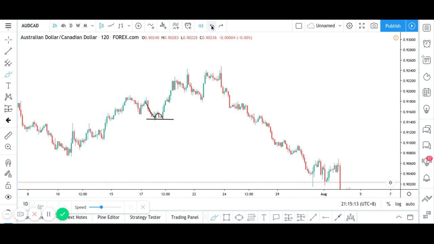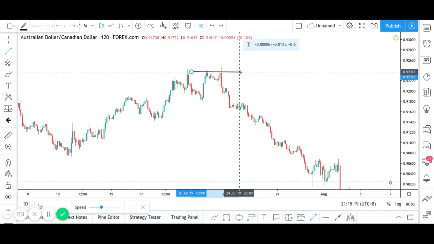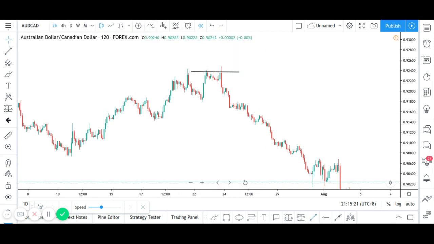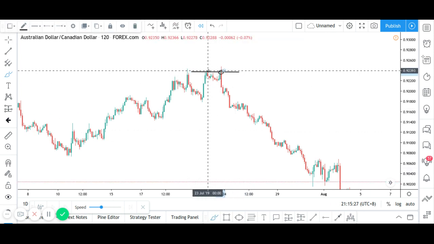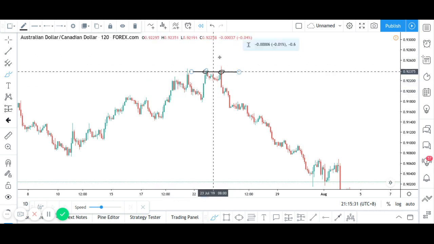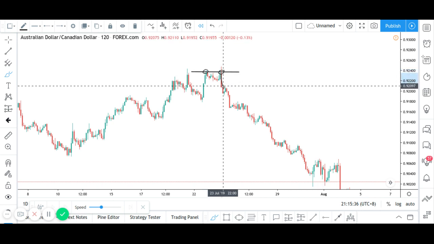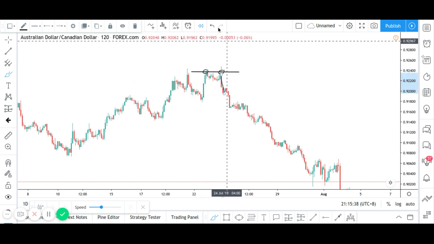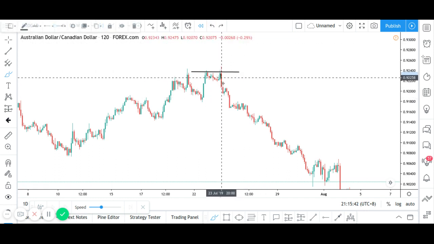So like I said to you guys, double bottom, double top is exactly the same. If you have a look here, you can see that the market printed a nice double top. Double top, in other words, means that the market cannot pass this resistance point. So the market is now starting its move to the downside. As you can see, the market printed a nice long red candle down here.